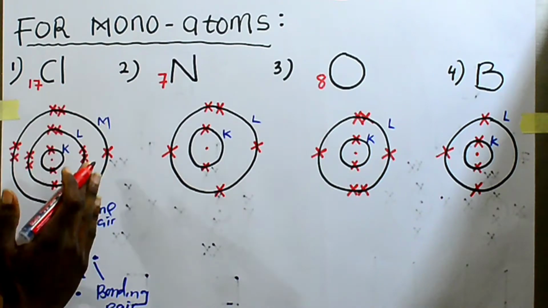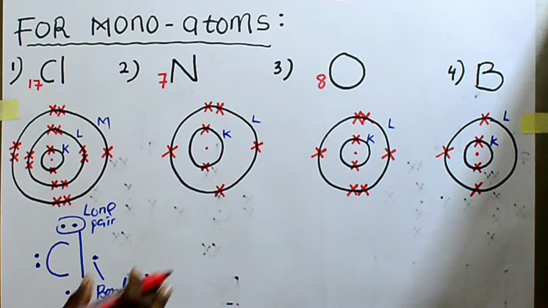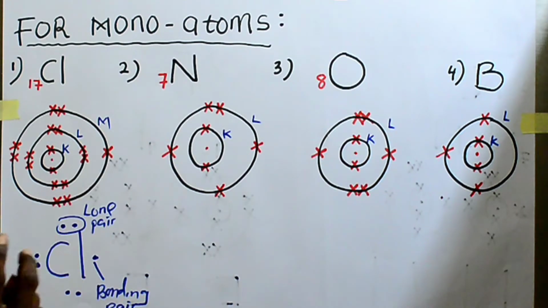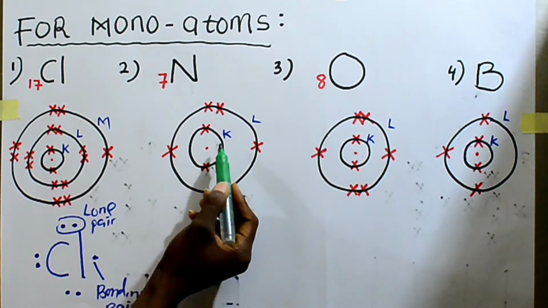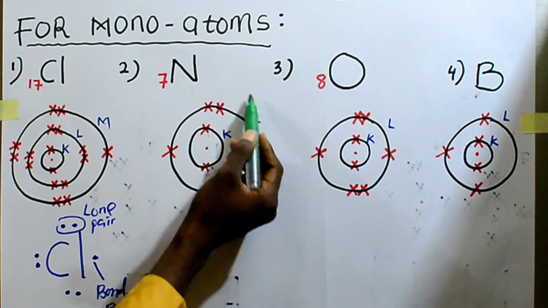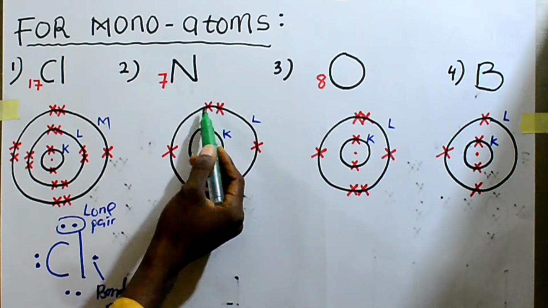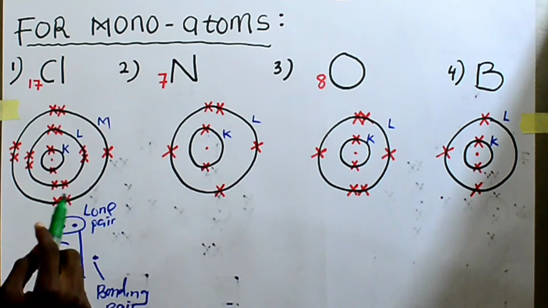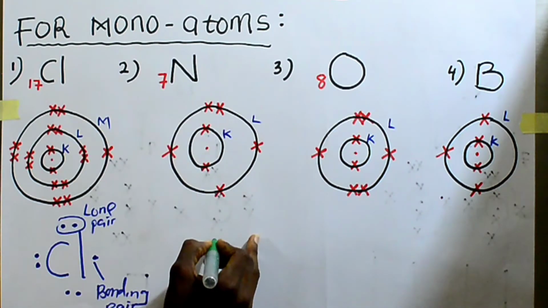Now moving to number 2. Number 2 is nitrogen. Nitrogen has 7 electrons. So distributing all these electrons in this energy level, these are the 7 electrons. So now let's bring nitrogen down in order to write the Lewis dot structure of the atom.